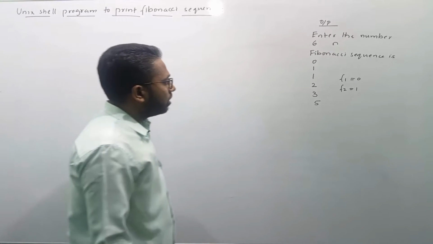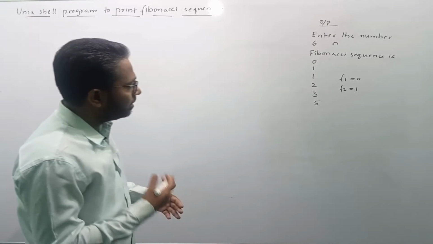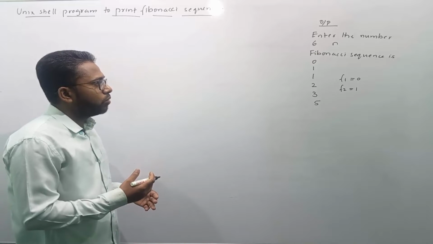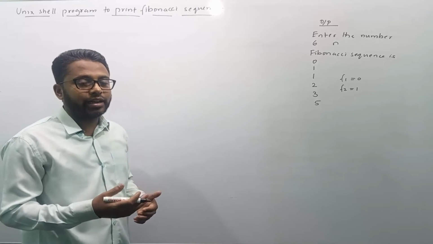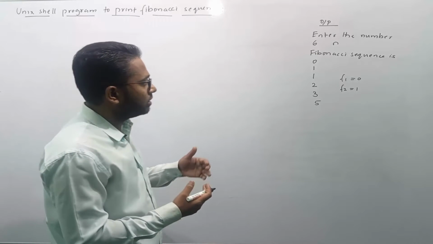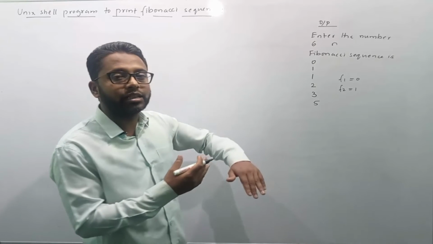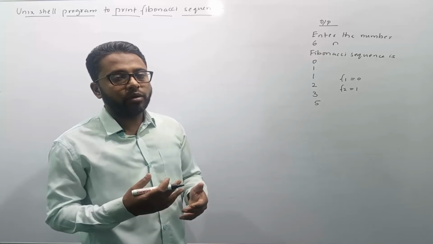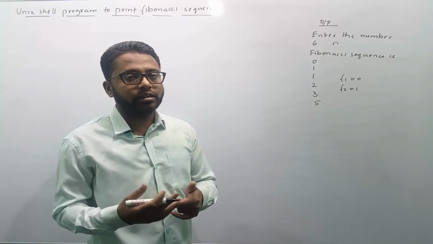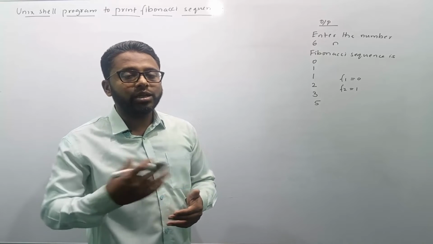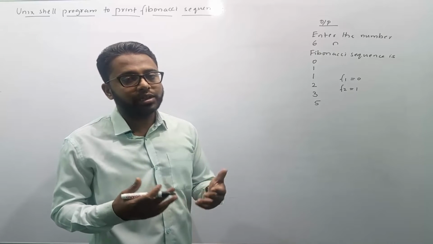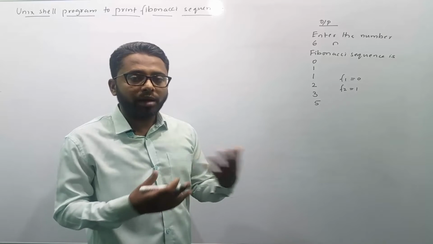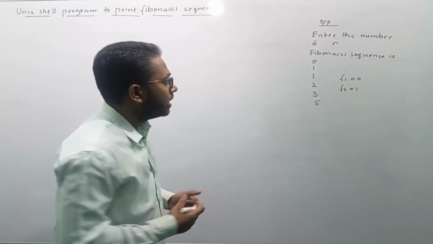Now as you can see in this output, one task is getting repeated again and again, and that task is adding the previous value with the next value. So whenever we are performing some specific task again and again, we must use a looping construct. You can use either a for loop or a while loop. I am using a for loop in this example.